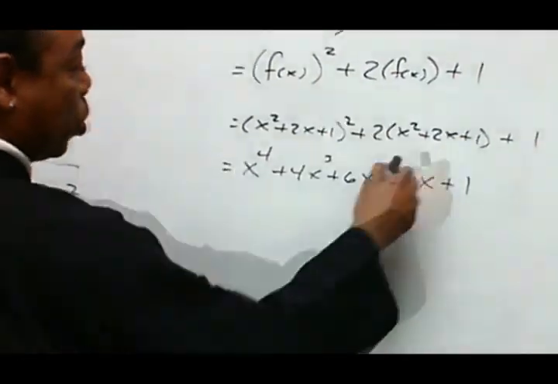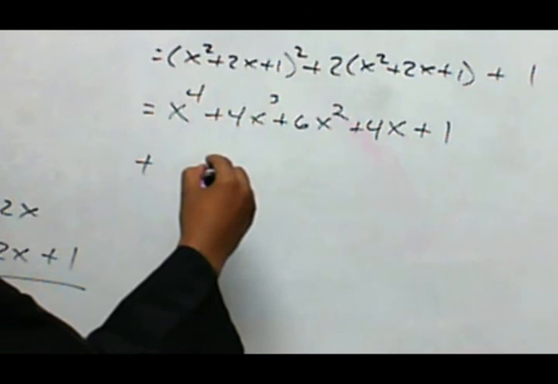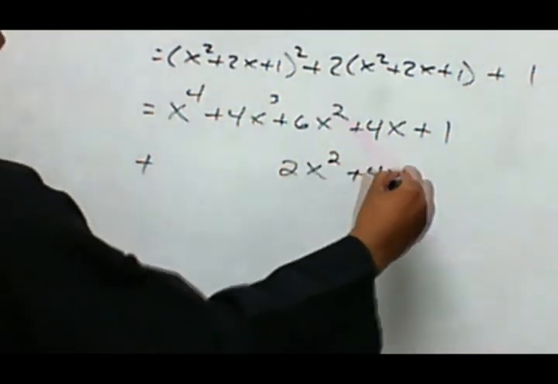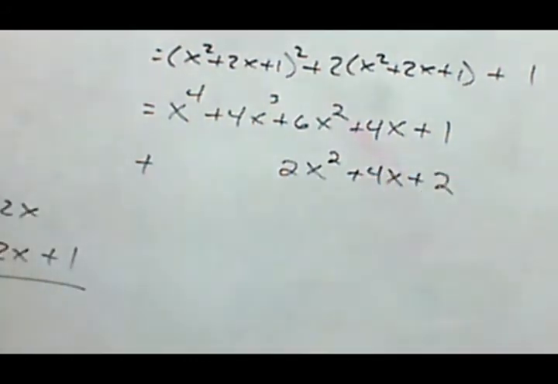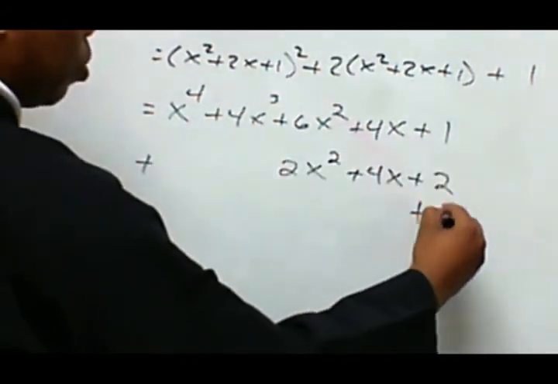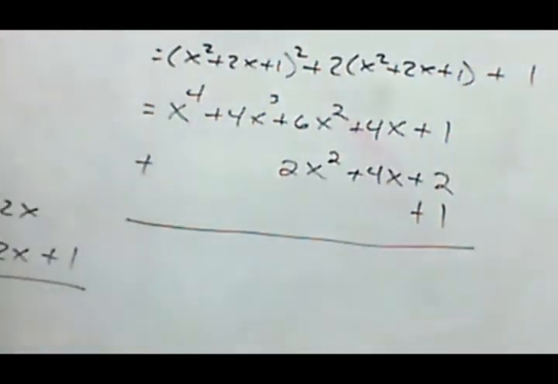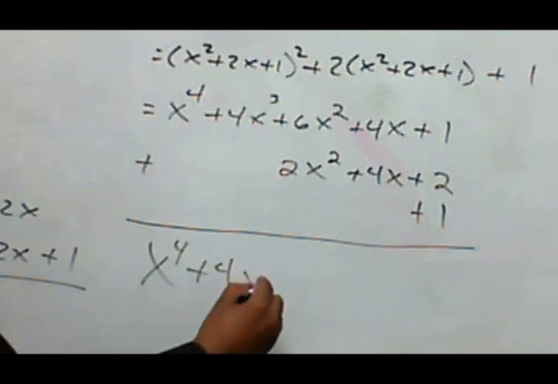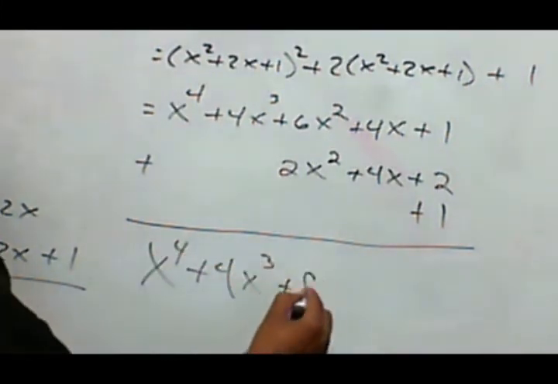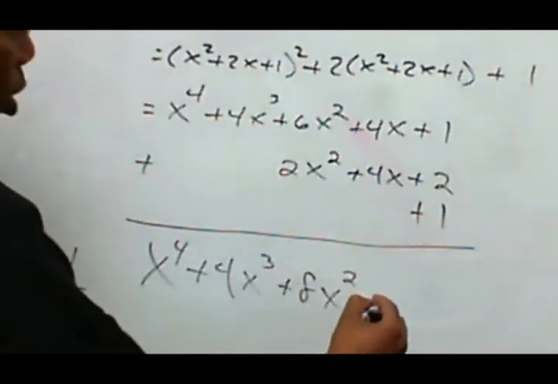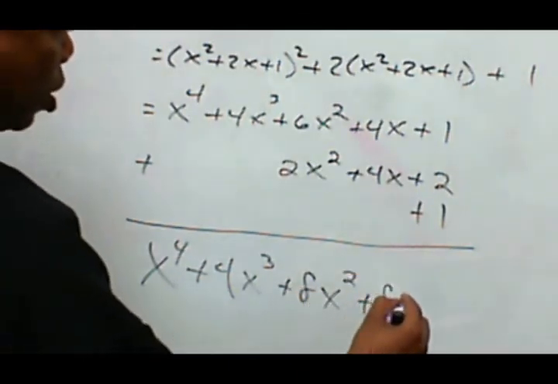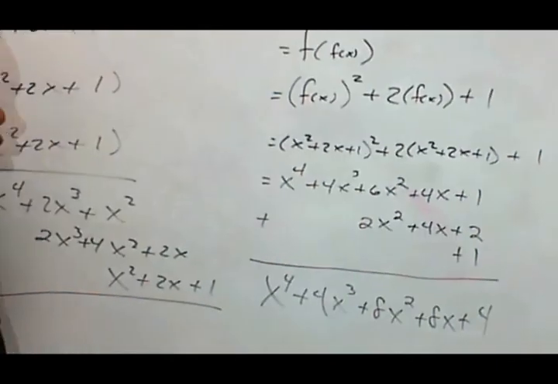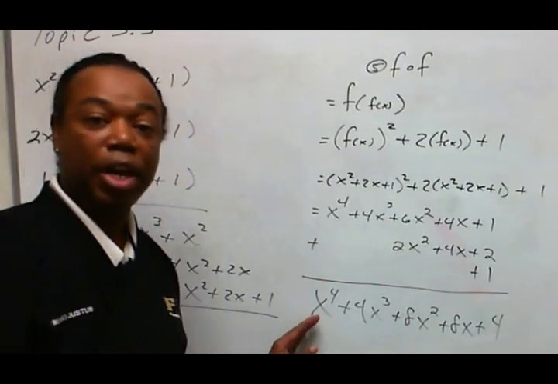Then this distributes and gives me 2x squared, plus 4x, plus 2, and then finally my 1 at the end. And so when I combine all those terms, I get x to the 4th plus 4x cubed plus 8x squared plus 8x plus 4. And this is the function for f composed with f.